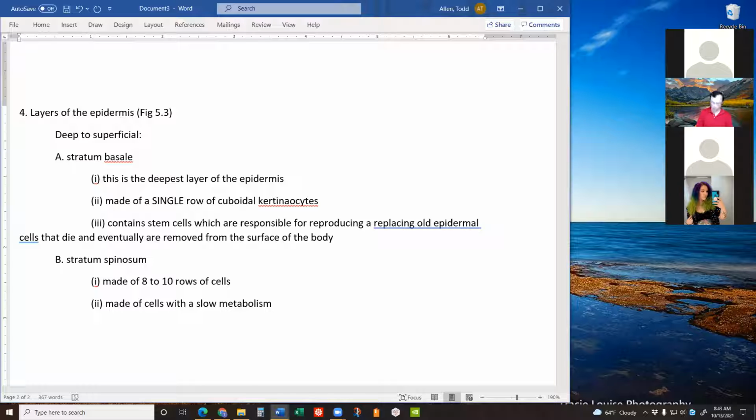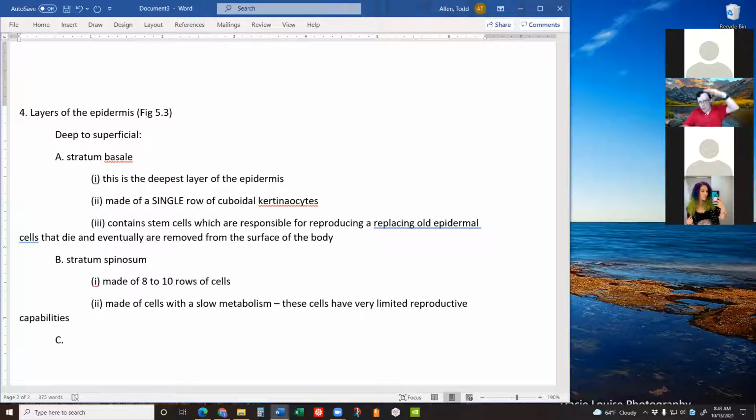Made of cells with a slow metabolism, these cells have very limited reproductive capabilities. You can see them visually highlighted as the stratum spinosum cells along the left side of figure 5.3.